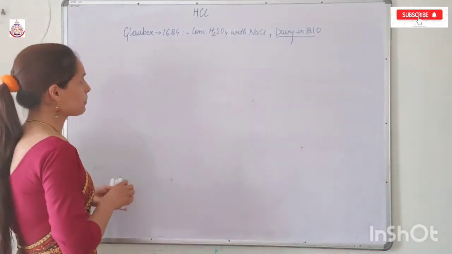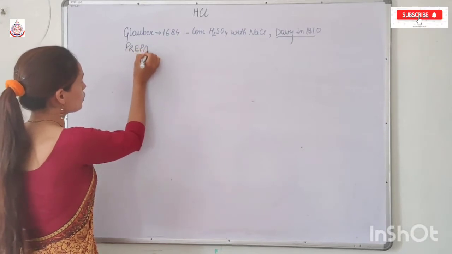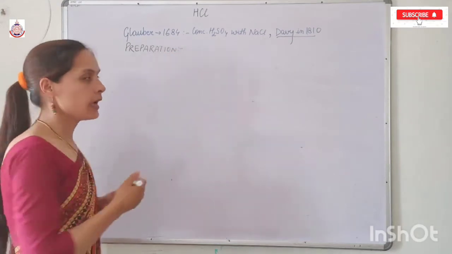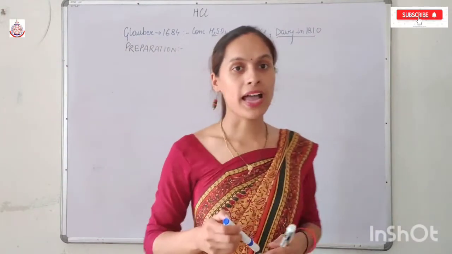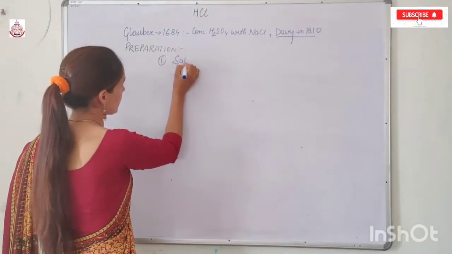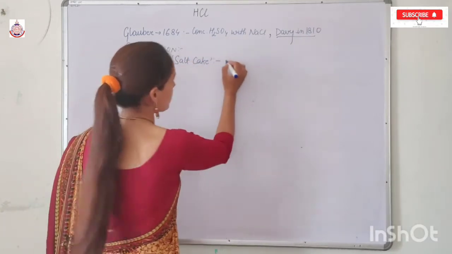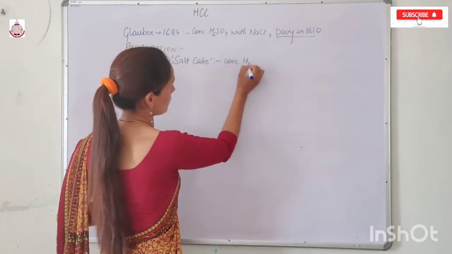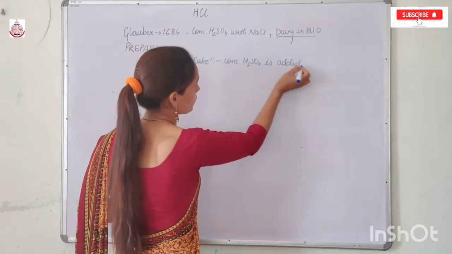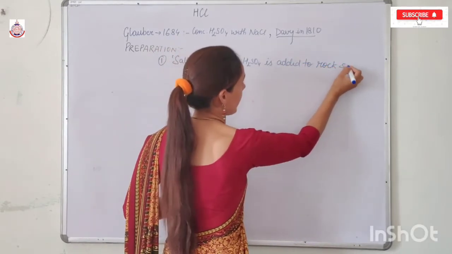If we talk about the preparation of HCl, HCl is manufactured by the salt cake method. Now, in this method, the concentrated H2SO4 is added to rock salt, that is NaCl.